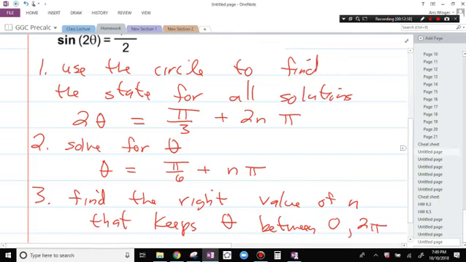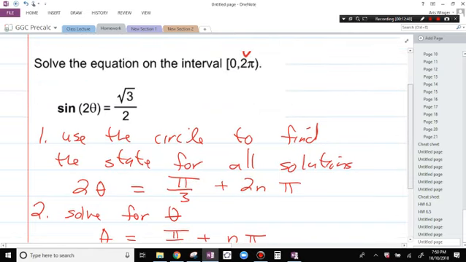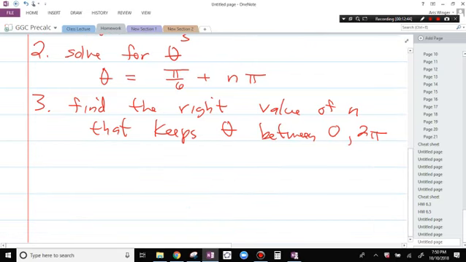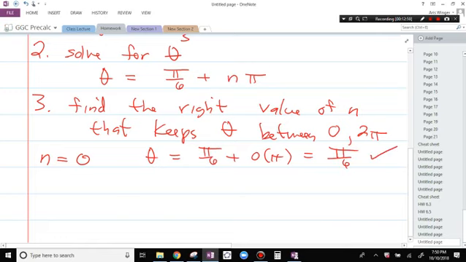The answer has to be between 0 and 2 pi. When n is 0, theta is pi over 6 plus 0 times pi, which is just pi over 6, and that's good.